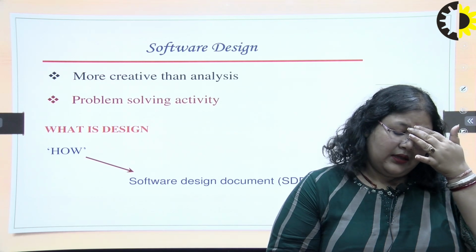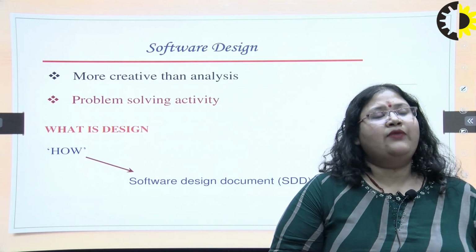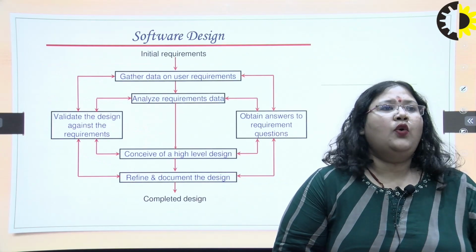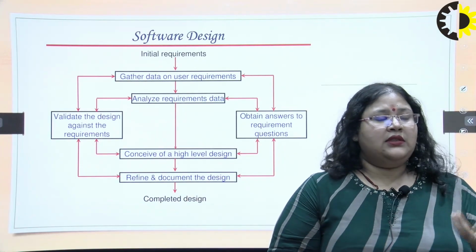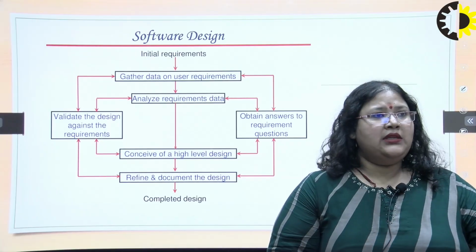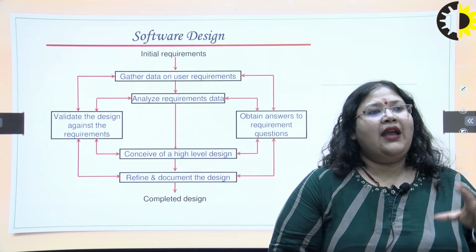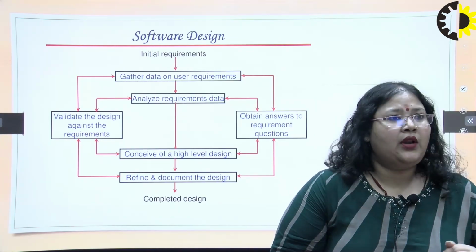Now, the software design is a design that we divide into high level and low level designs. This is the basic design of the software, the basic process. First, we initialize the requirements by the SRS. Then, using the initial requirements, we gather data on those particular requirements.